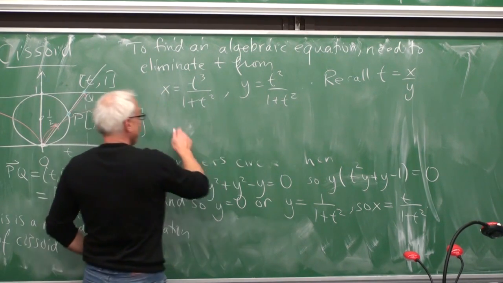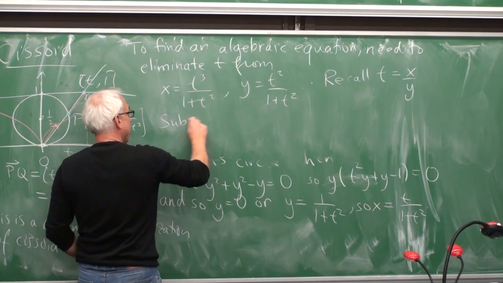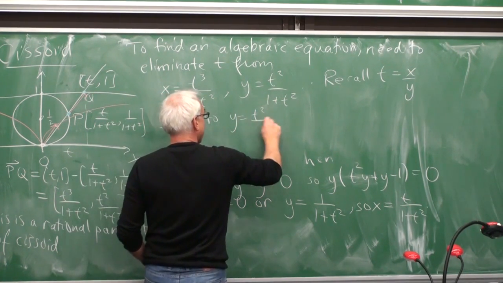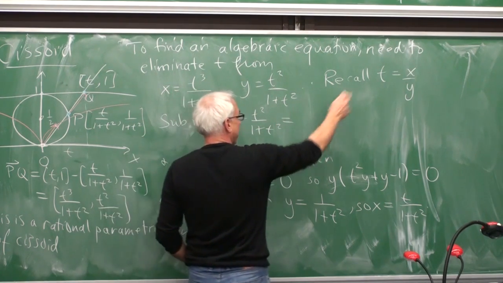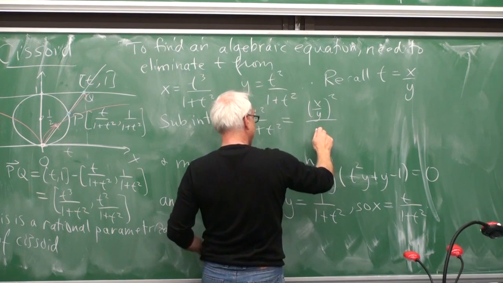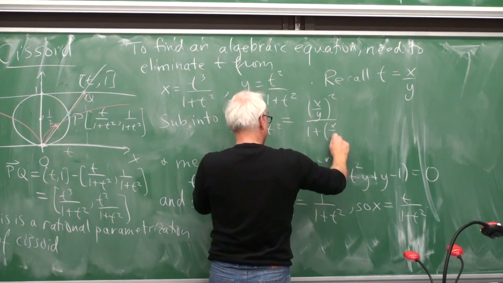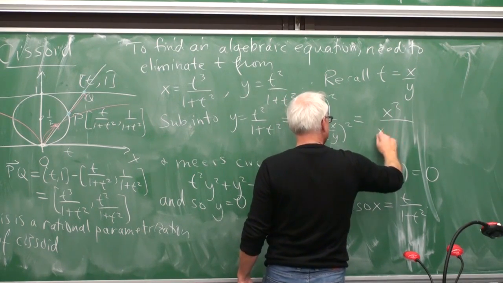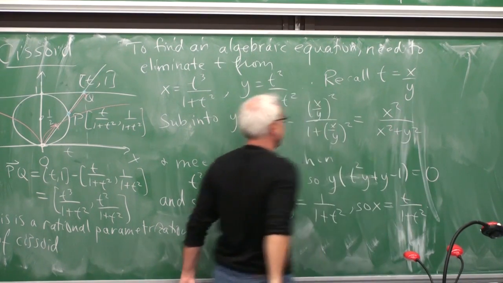This one's slightly simpler, so sub into y equals t squared over 1 plus t squared. If I replace t with x over y, I get x squared over y squared, over 1 plus x over y squared, for a total of x squared over x squared plus y squared.